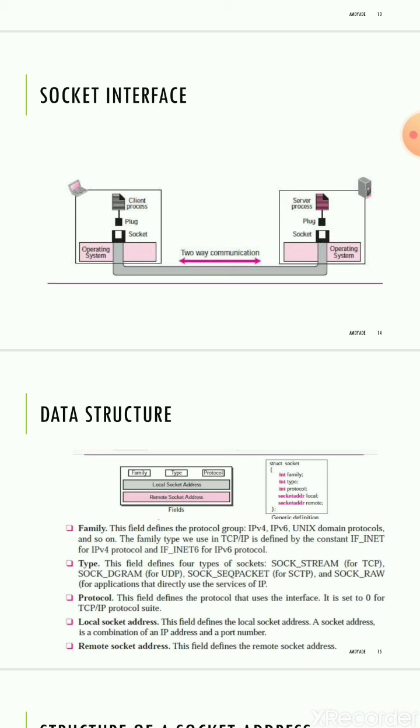A socket is a medium used to create a connection between two entities, client and server, for two-way communication. That is also shown in the diagram. Two-way communication is created between the client and server to exchange some set of information between them. That is called an interface.